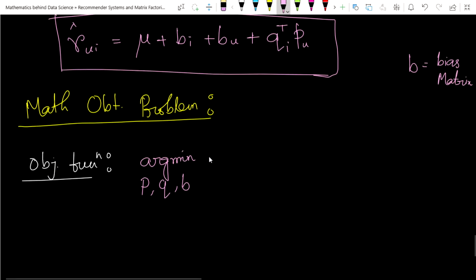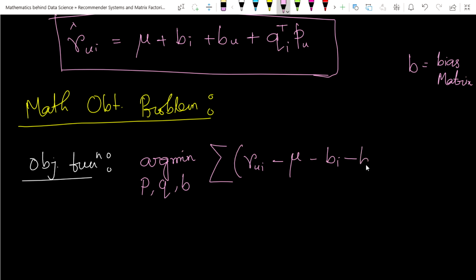We have to find this argument, and now the problem will be like this: rui, which is given by Netflix, minus mu minus bi minus bu minus ui transpose pu. It's simple; it is the rating. Okay, the whole square obviously.